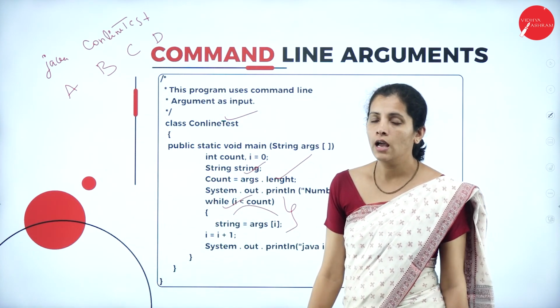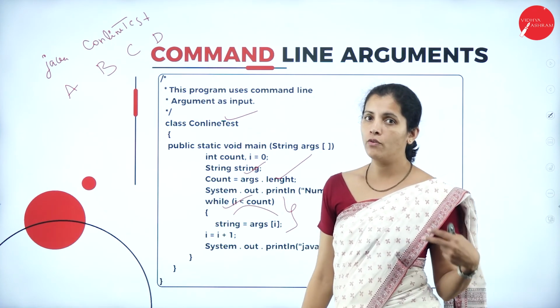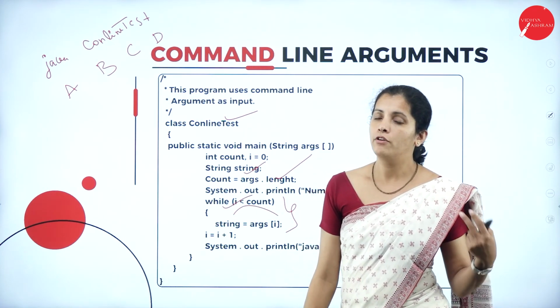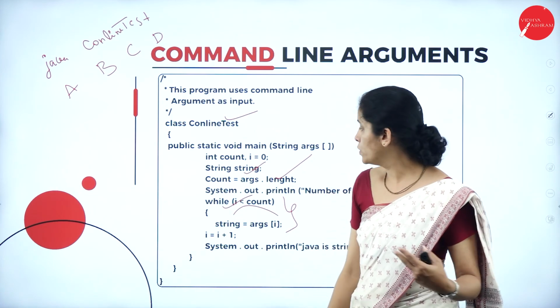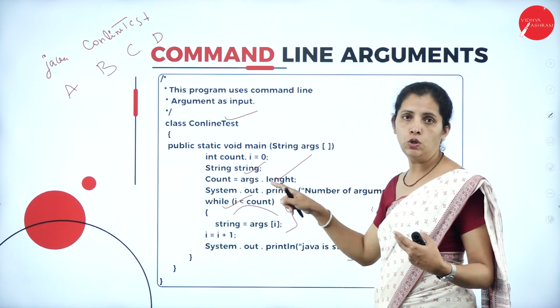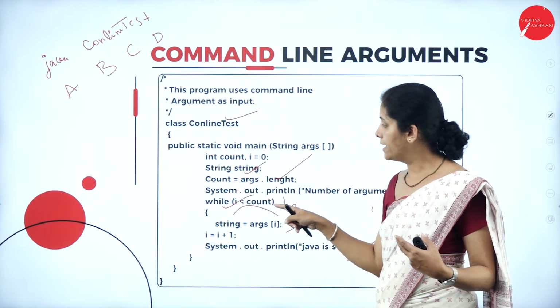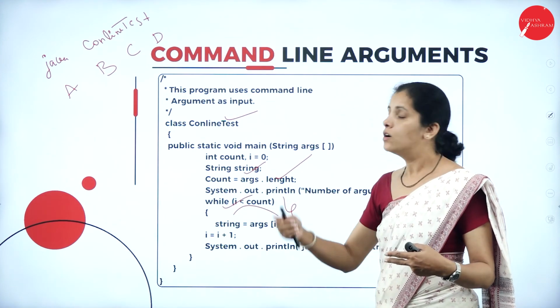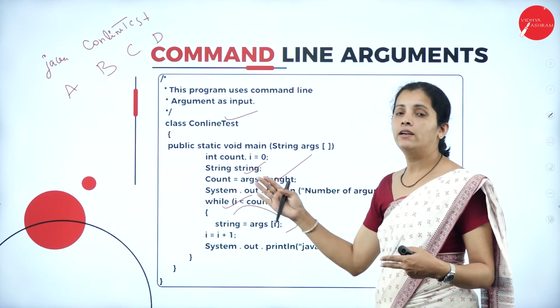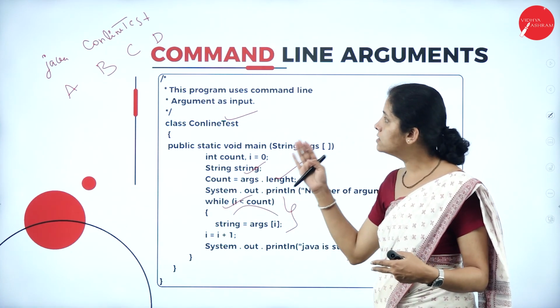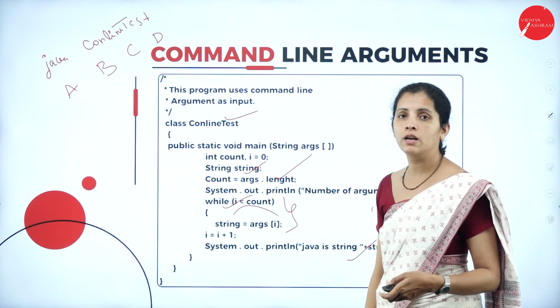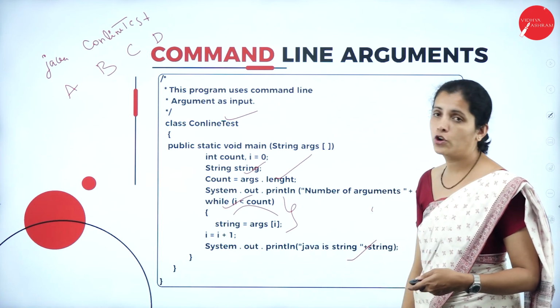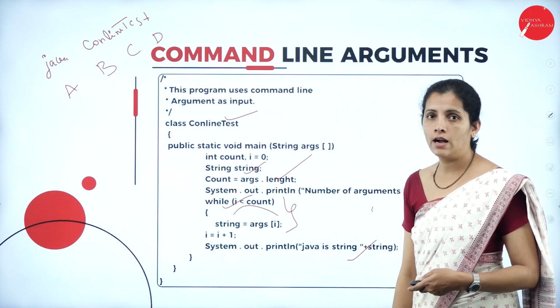It is 4, and I want to display all 4 arguments. For that I'm going to use the while loop and display one argument at a time. This is the way I can write command line arguments in Java.